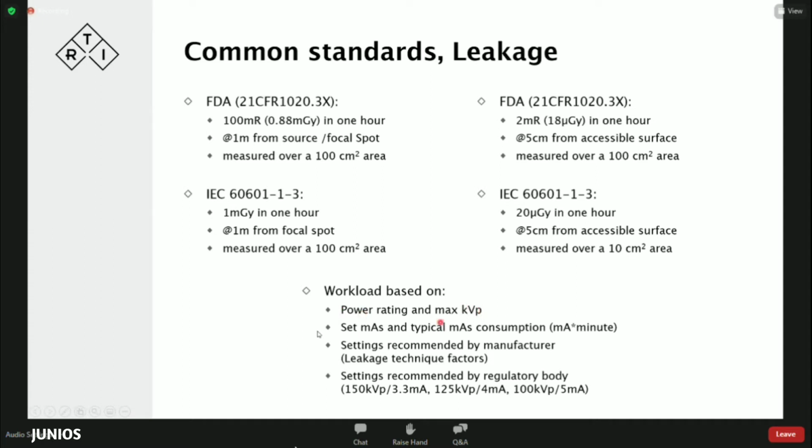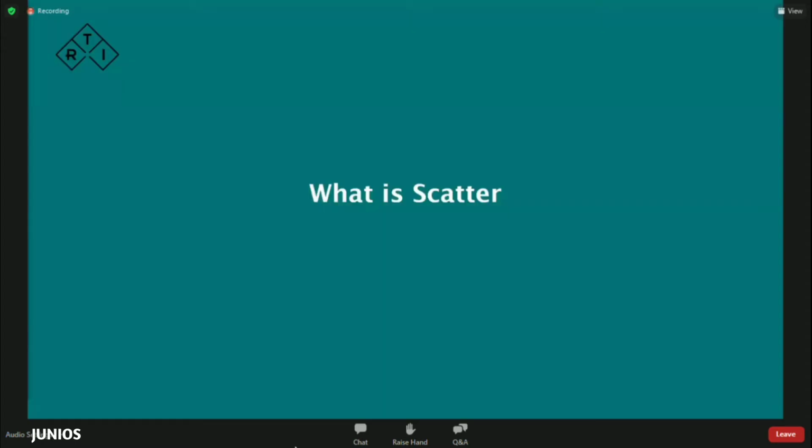We have to refer to the set mAs and typical mAs consumption. There are leakage technique factors that are provided by the manufacturer, but then again, there are exposure settings which are recommended by the different regulatory bodies depending on which country you are from, and then you use that to do your leakage evaluations. Okay, so now let us move into scatter.